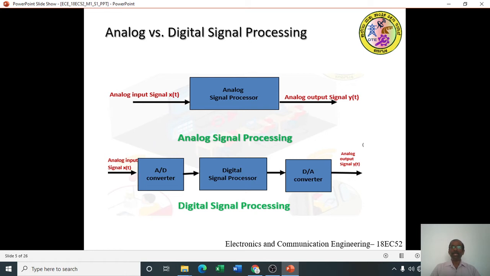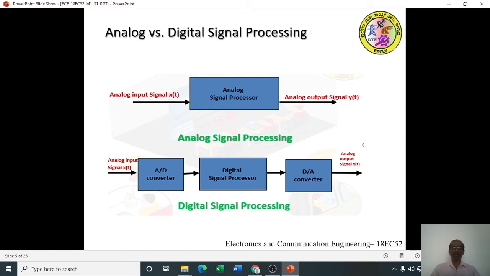The clipper, clamper, amplifier that you implemented in your lab are examples of analog signal processors. Modulators, amplitude modulator, frequency modulator, phase modulator are examples of analog signal processors.